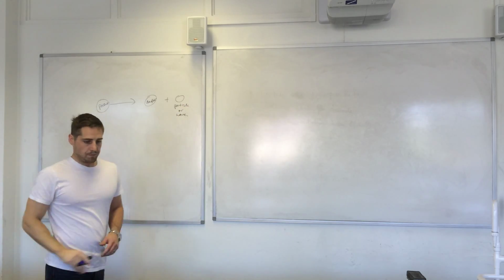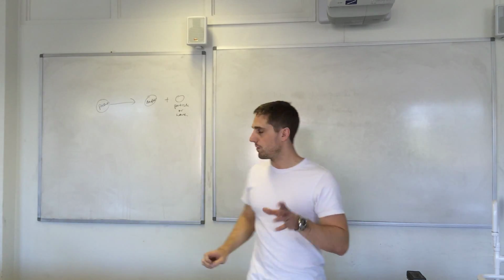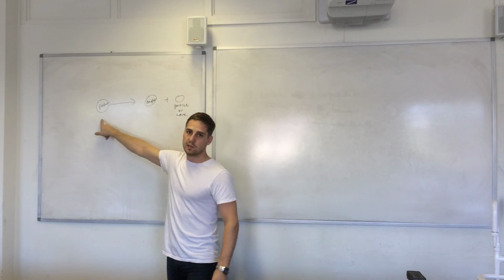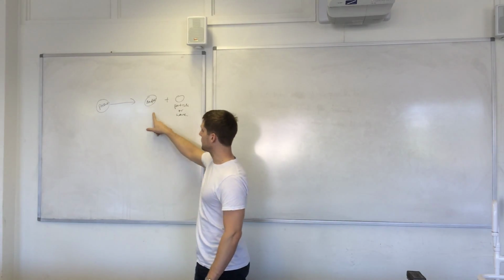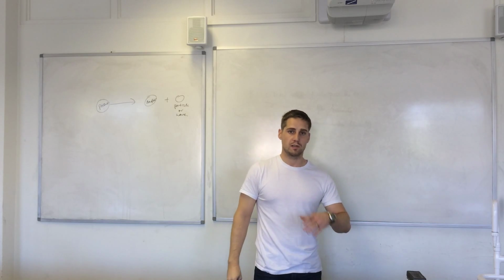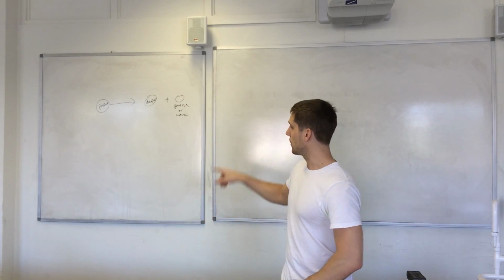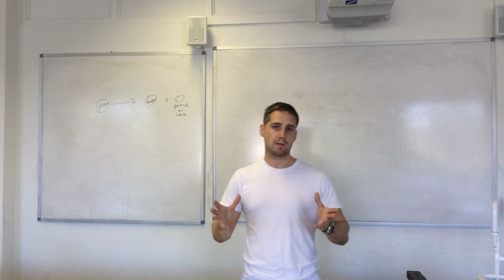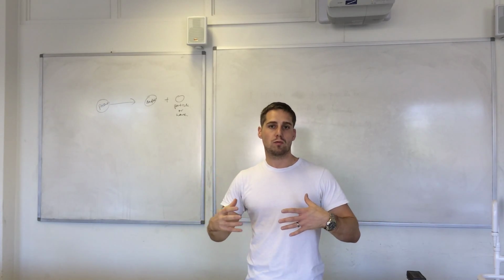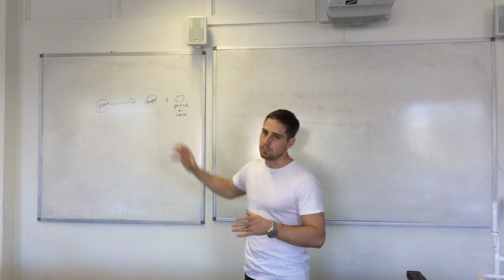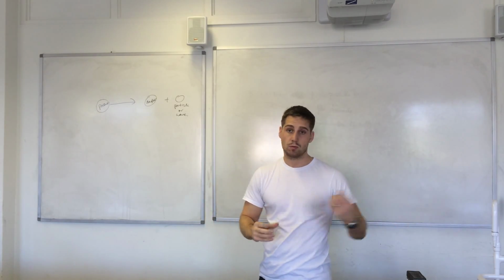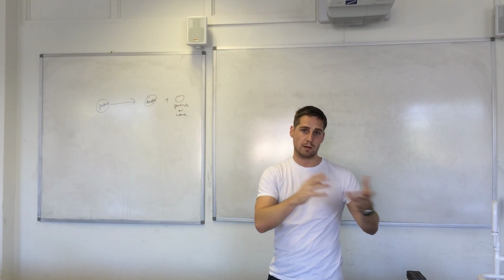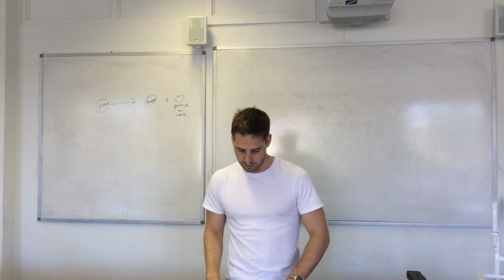Okay? Now the important thing here is that this is unstable and the daughter nucleus is more stable. So we go from an unstable nucleus to something that is more stable. So radioactivity is all about particles or atoms becoming more stable. Okay, so atoms become more stable during a radioactive decay.